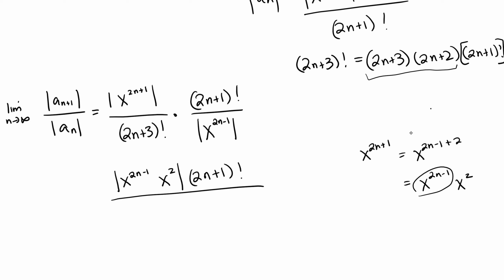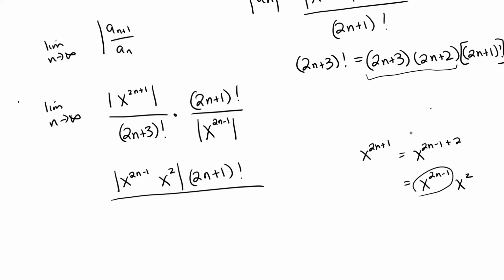Our denominator then, we said 2n plus 3 factorial is 2n plus 3 times 2n plus 2 times 2n plus 1 factorial.